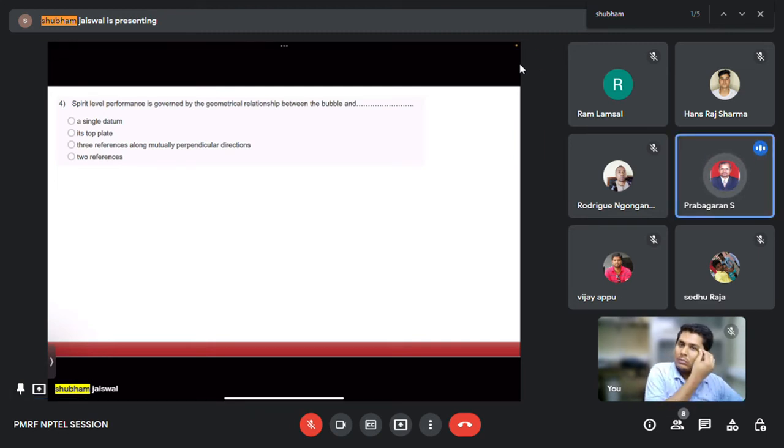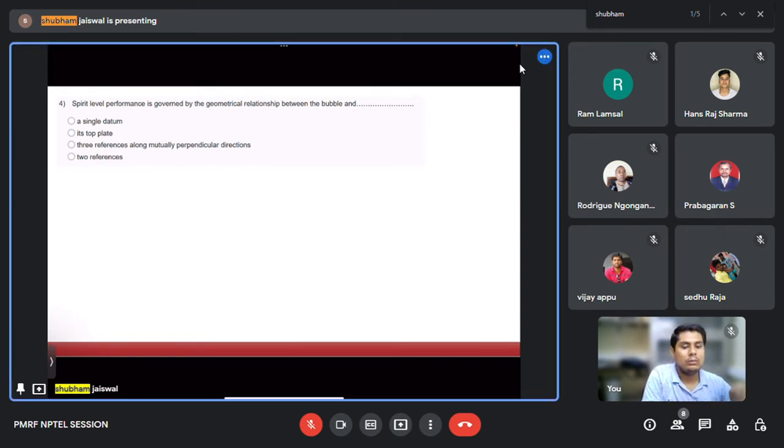Between bubble and its top plate. Any other answer? Okay, so the correct answer is the 2 references, not its top plate. Why is it so? We will see.